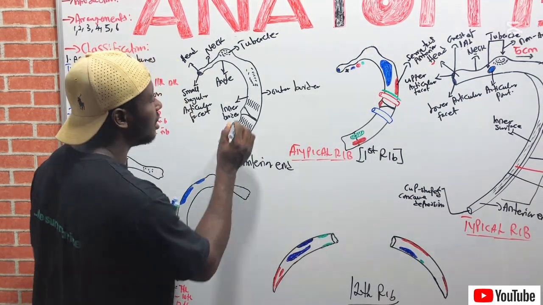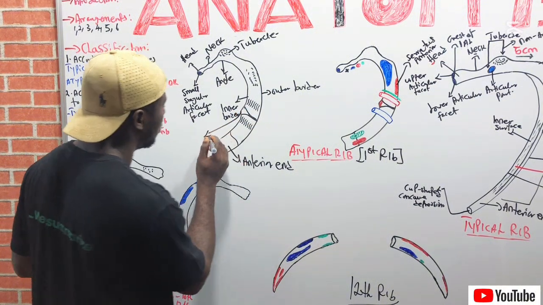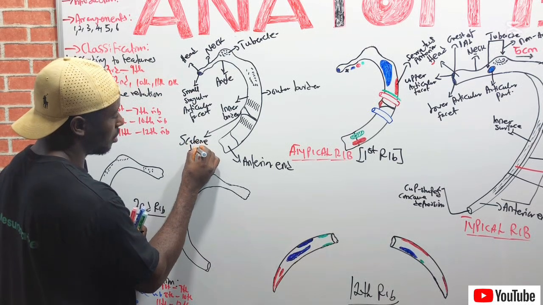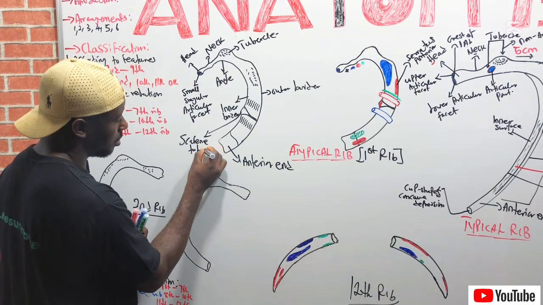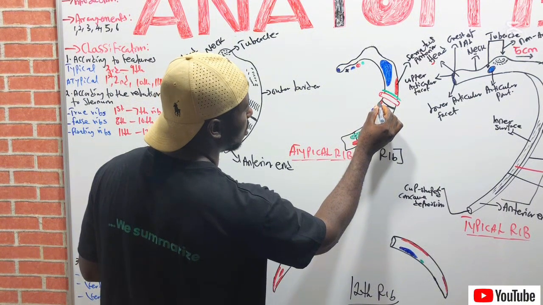So this is the scalene tubercle here. This is the scalenus anterior muscle.